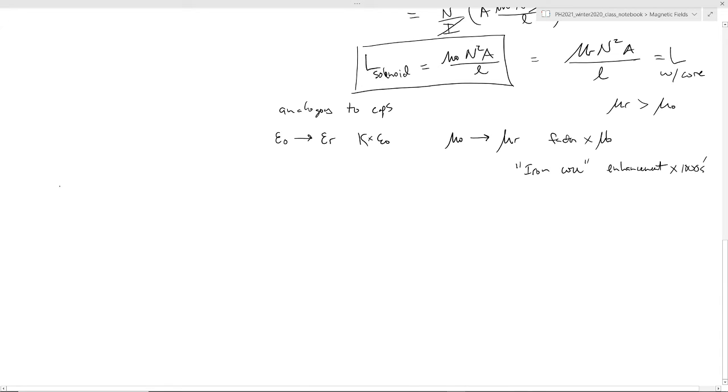Anyway, let's look at a quick example here. So let's estimate the inductance of a spiral notebook binding wire.